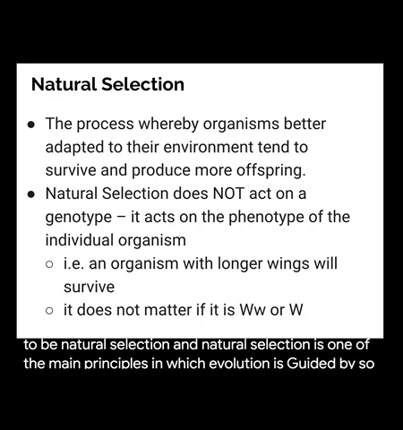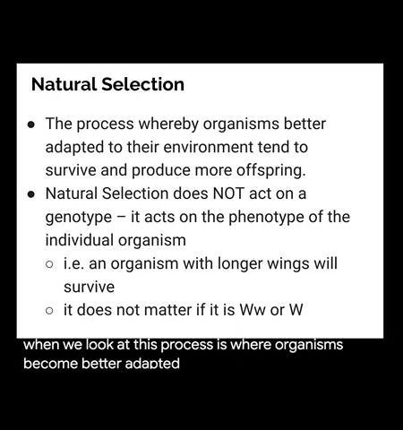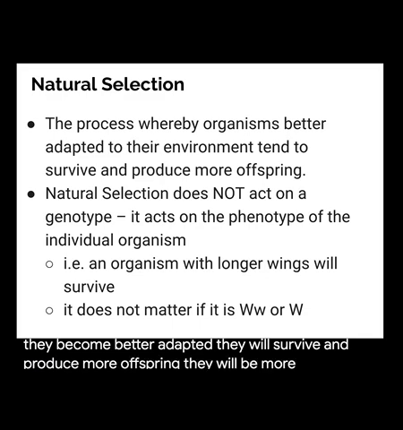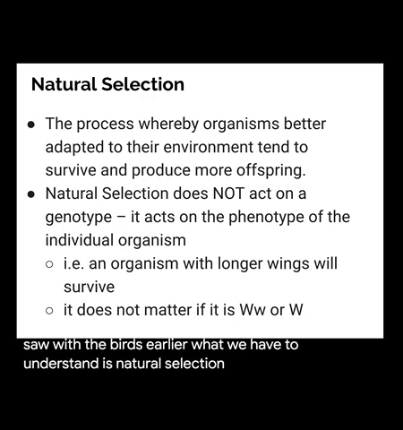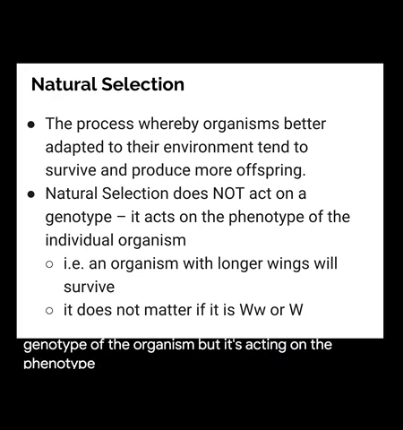So when we look at this process where organisms become better adapted to their environment, as they become better adapted, they will survive and produce more offspring. They will be more fit, as we saw with the birds earlier. What we have to understand is natural selection is not acting on the genotype of the organism, but on the phenotype.